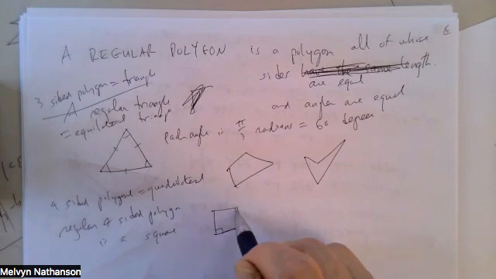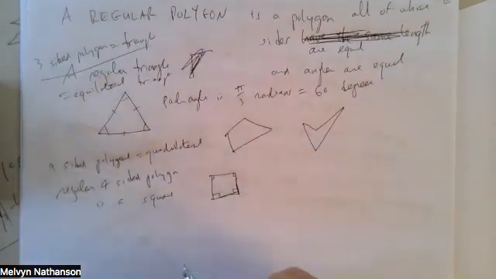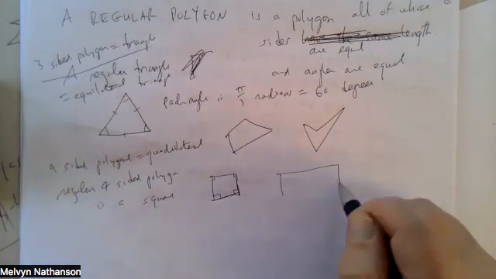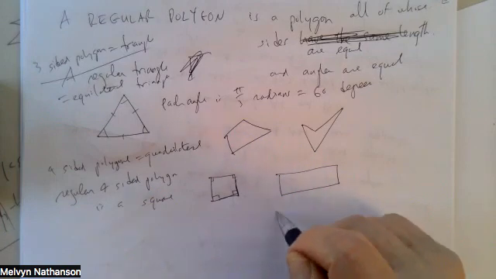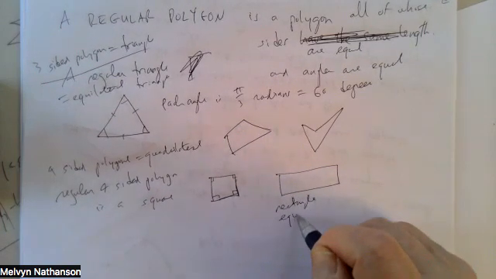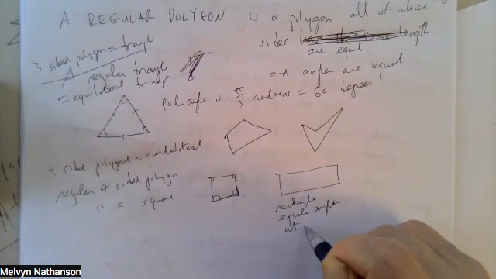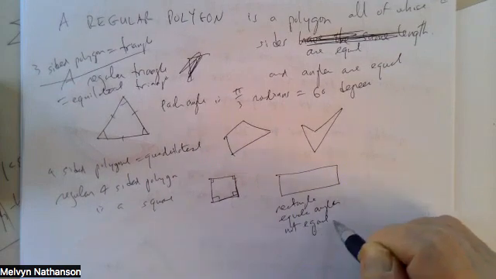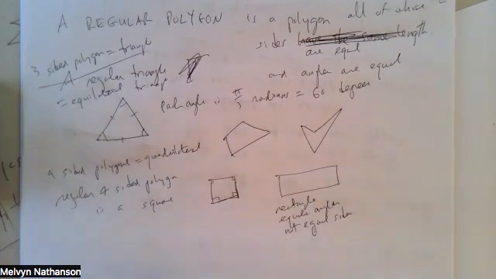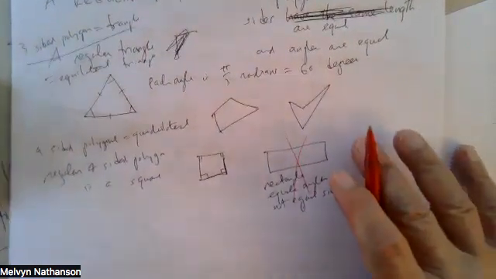In a square, all the angles are equal and all of the sides are equal. A rectangle has equal angles, but not equal sides. So a rectangle is not a regular polygon.